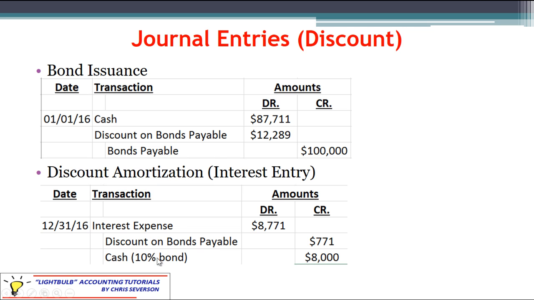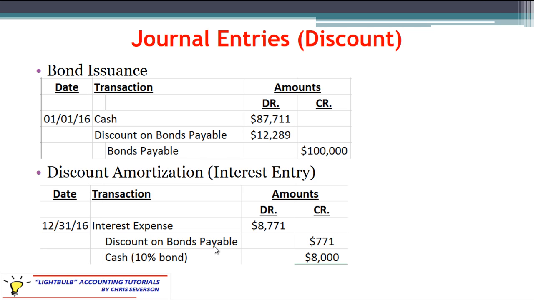The cash interest, in this case, it's an $8,000, I'm sorry, in this example, it was actually an 8% bond. My apologies. Because it's a discount, the interest rate had to be less. So this was an 8% bond multiplied by $100,000. That's where we would get the $8,000 interest.